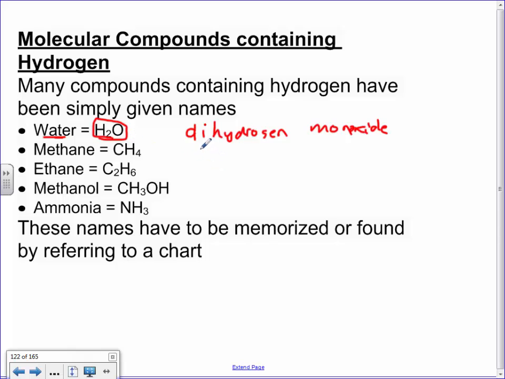This one right here, we should actually call it carbon tetrahydride. One carbon, tetra, 4 hydrogens. But sometimes with these chemicals, it's better just to give them a different name because it's a mouthful to say. So we call it methane. Have you ever heard of methane? It's actually what we use to heat our houses.